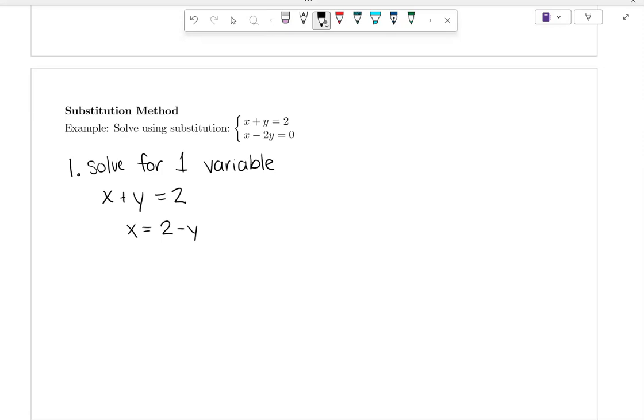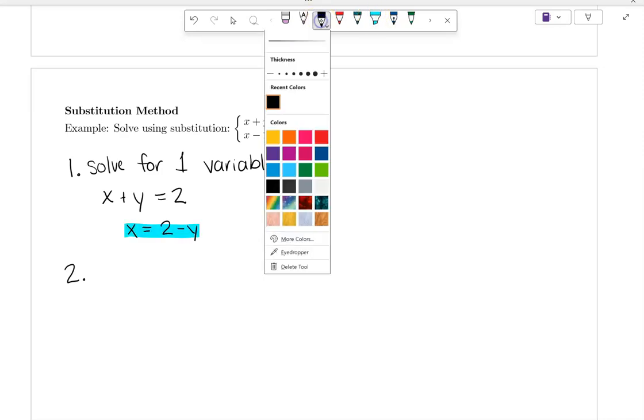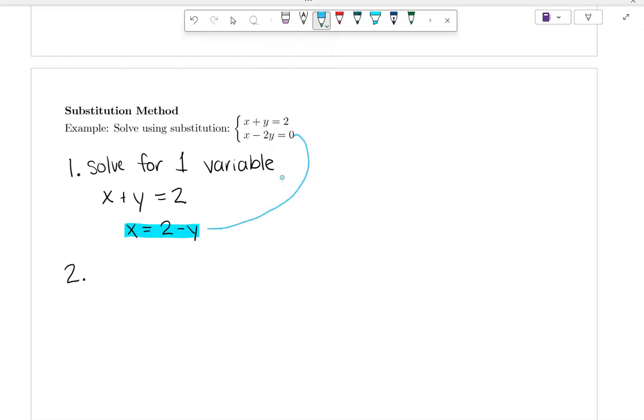Then we're going to substitute. So we're going to substitute this into the opposite equation. So this goes into here, but it's going to go in for the x.